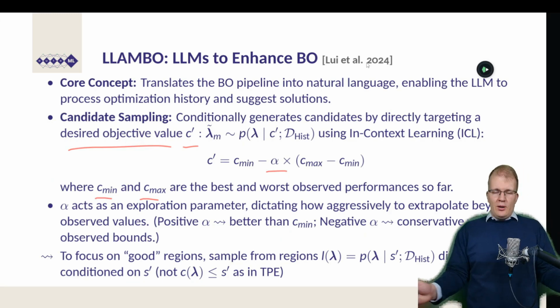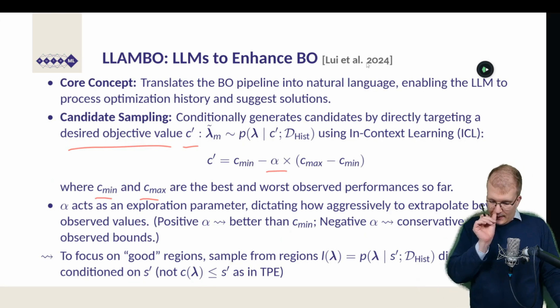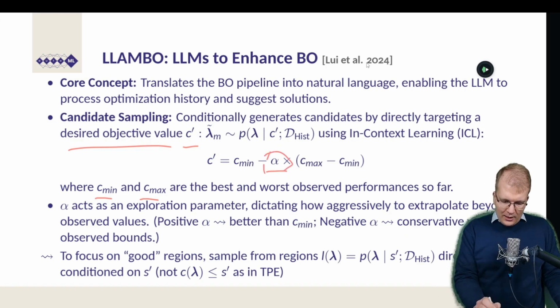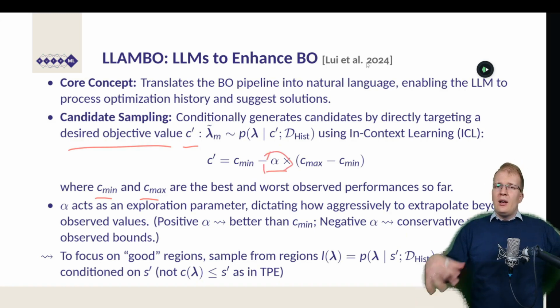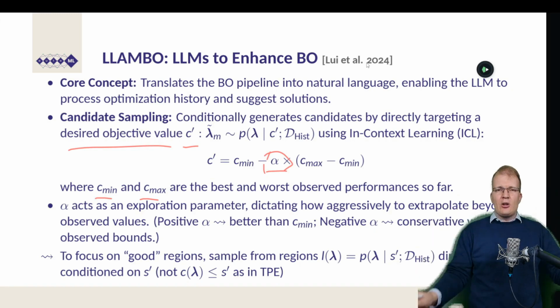And what we're doing is we can sample our alpha in each iteration and then say, okay, what kind of desired objective I would now like to ask my large language model to generate.